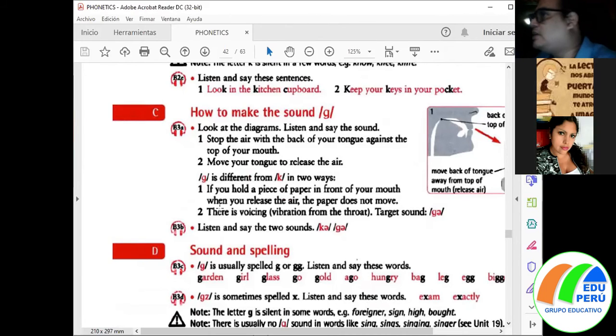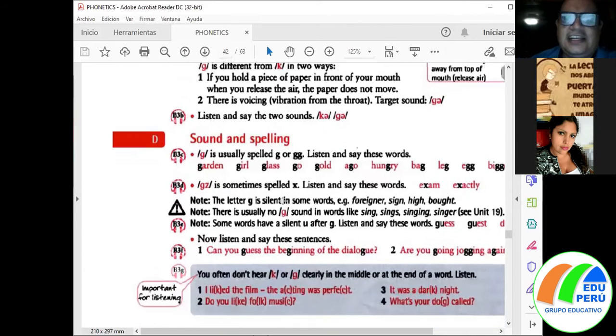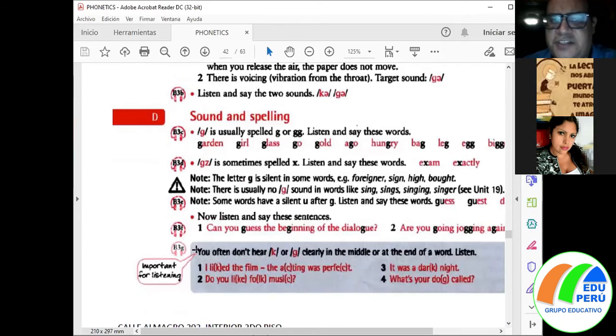Now, the second sound, G, the paper doesn't move. No aspiration. The first one with aspiration, the second one with no aspiration. So we have the sound K, G, K, G. Don't forget it.